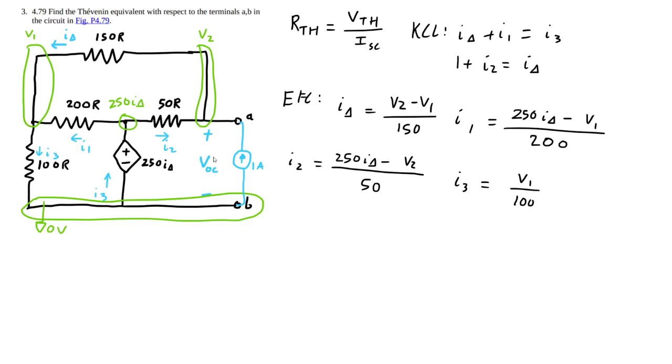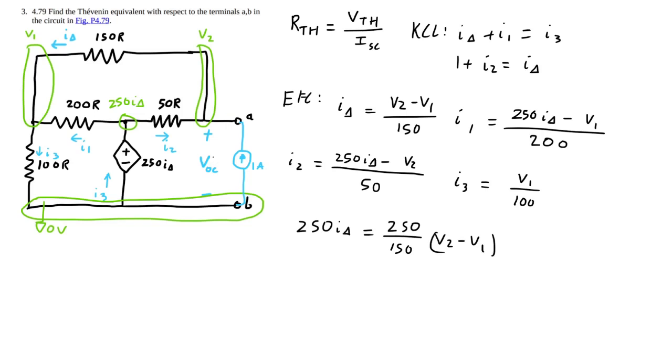Well, since I took this as the ground reference, that makes this voltage in the middle 250 I delta. So if we can find 250 I delta, we can plug that in for these values. So 250 I delta is going to be 250 divided by 150 times V2 minus V1.